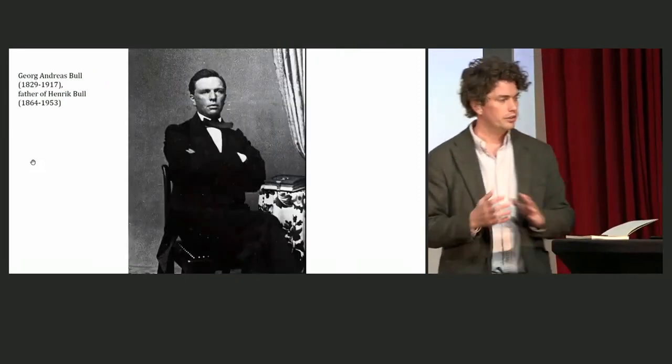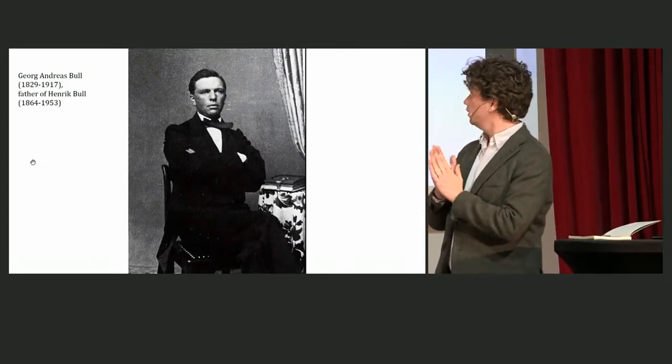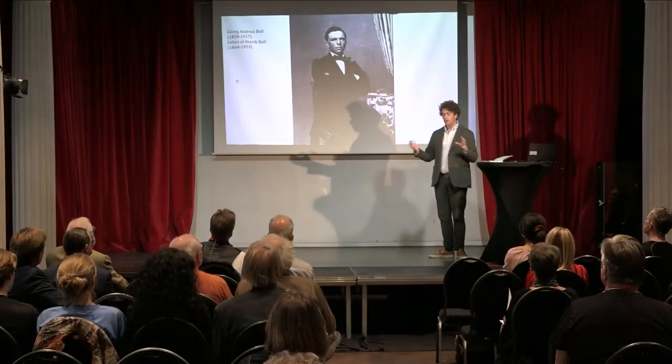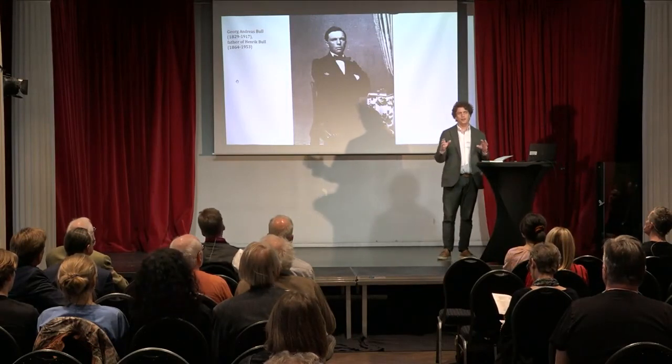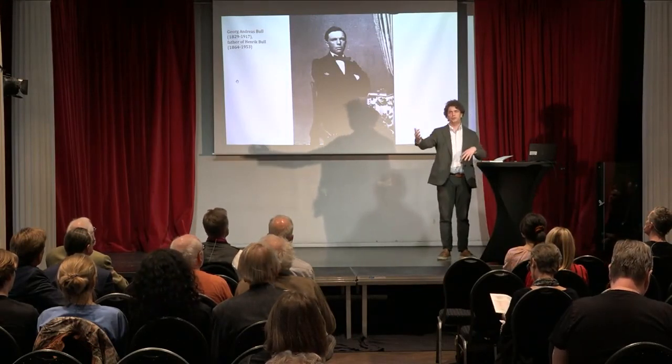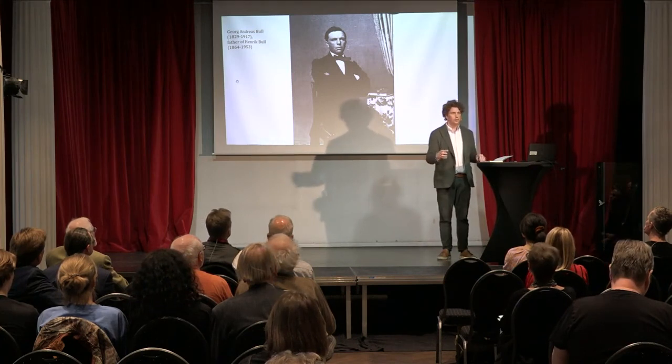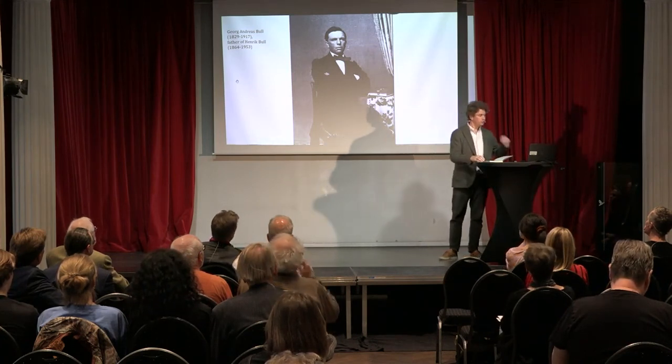The whole thing actually started with Georg Andreas Bull, who made the plans for the area of Grünerløkka, and he planned it with a beautiful large park in the middle called Birkelunden, the Birch Grove.